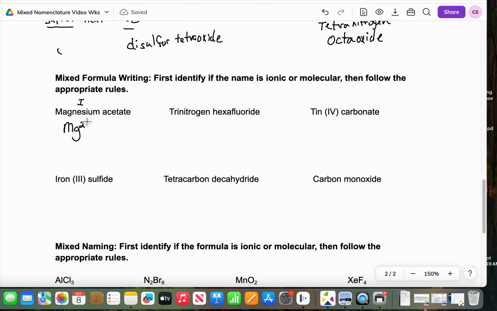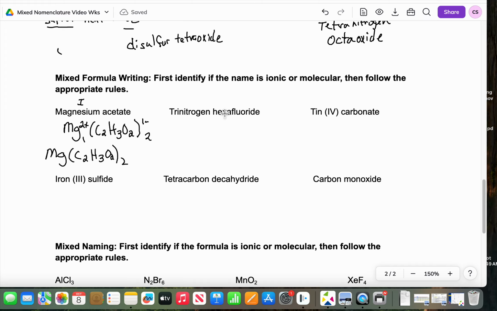You'll go magnesium 2+, then you'll write acetate, which is C2H3O2. That's a polyatomic ion, so I'm going to put it in parentheses with the charge on the outside. If the charges are not the same, I'm going to crisscross. And then I'm going to end up getting Mg, don't write the 1, C2H3O2, parenthesis 2.